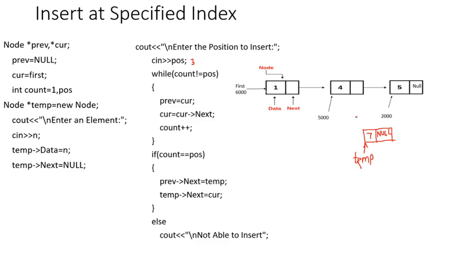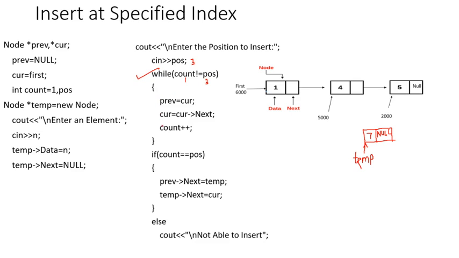For searching we use this while loop. While count is not equal to pause: the current value of count is 1, we initialized it to 1, the value of pause is 3, so 1 is not equal to 3, this condition is true, so control will go here.